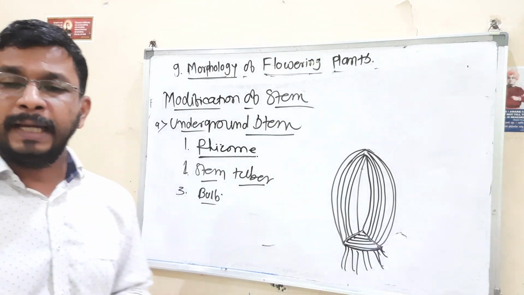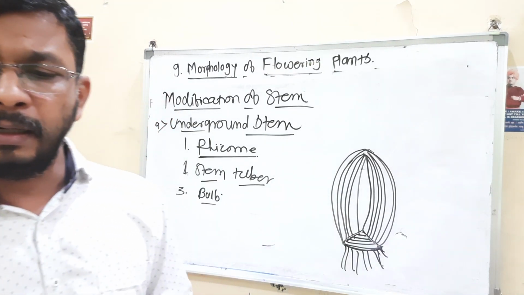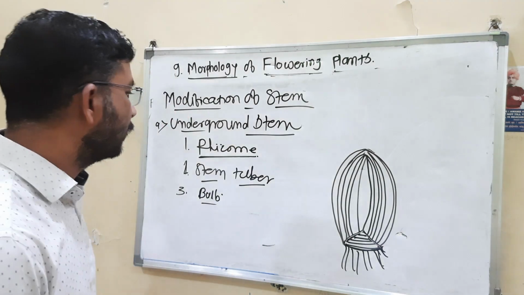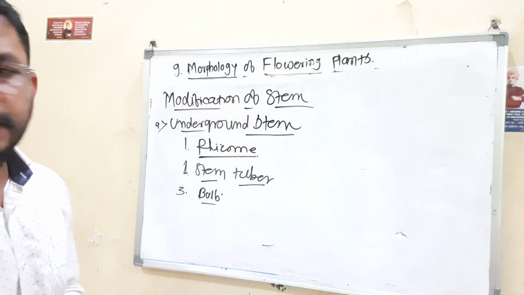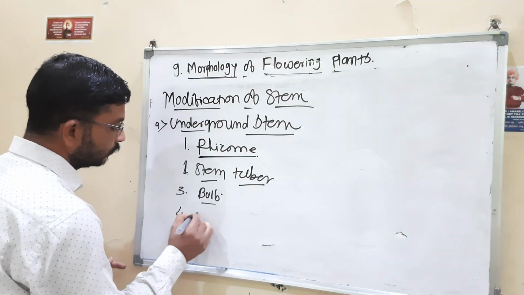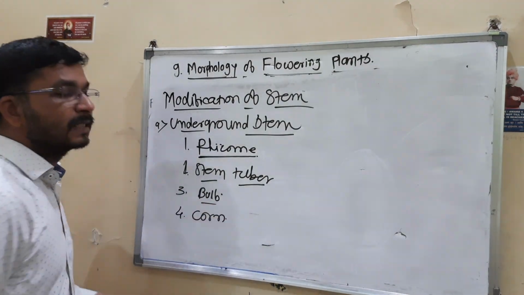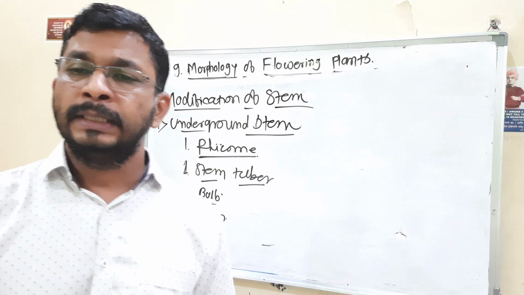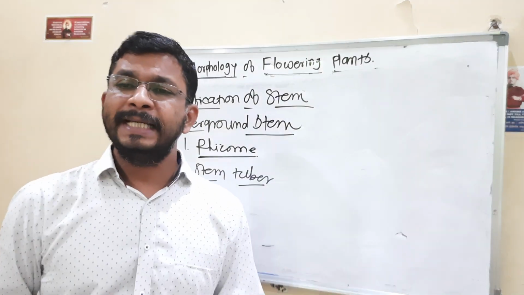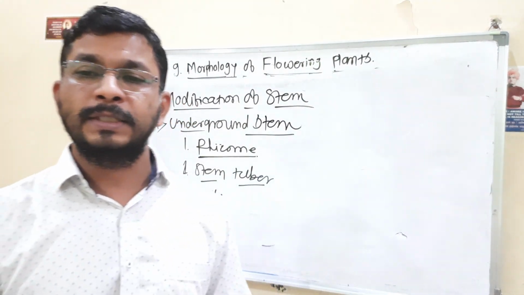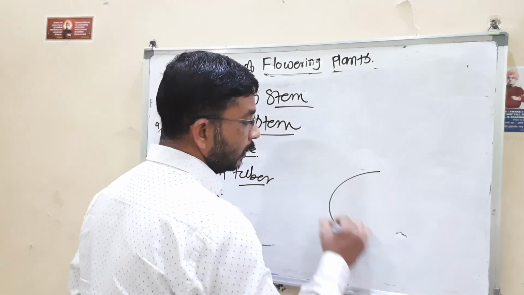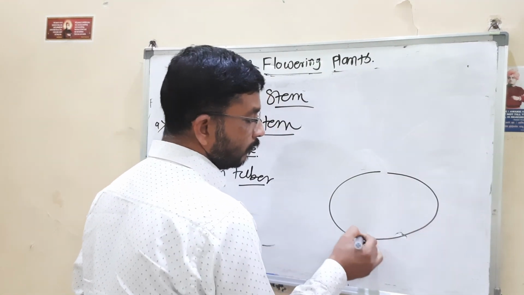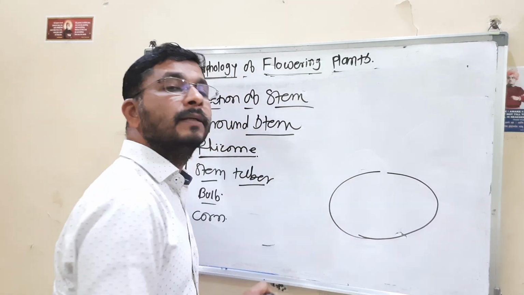Okay, then next example is corm. Corm is a stolon, an underground spherical structure.